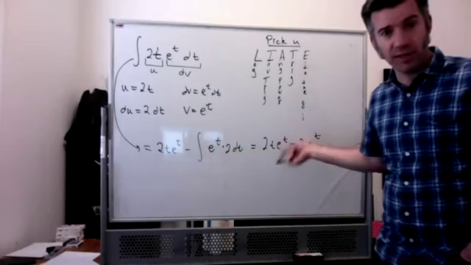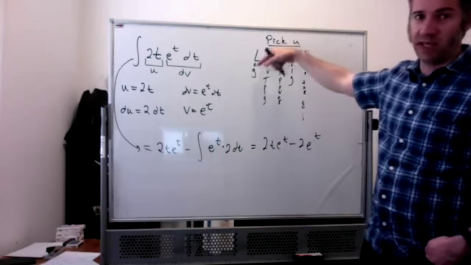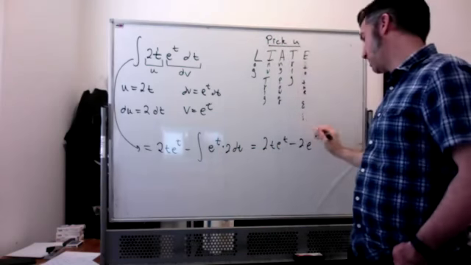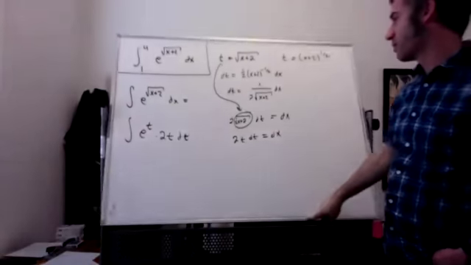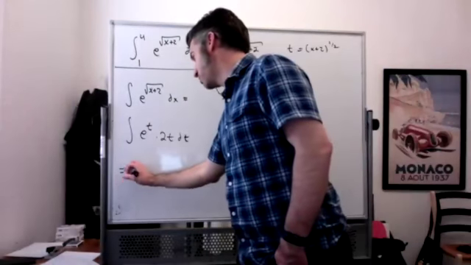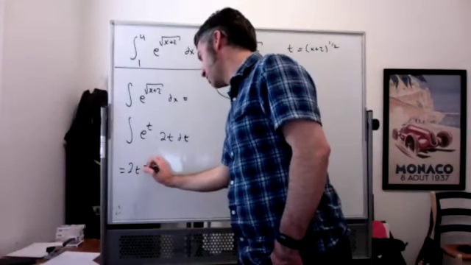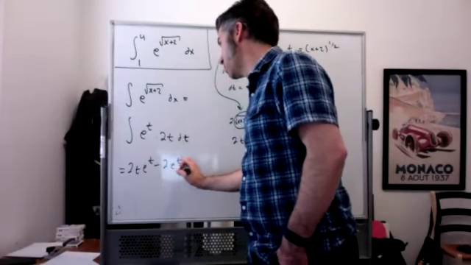I'm not going to throw on a plus c here because I know that I'm just trying to answer a definite integral on the other side. So that's my integral. Let's go back to the other side. So this is equal to 2t e to the t minus 2 e to the t.